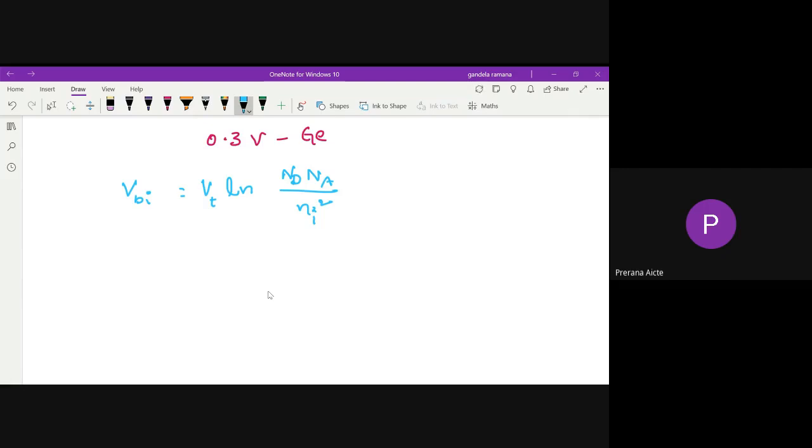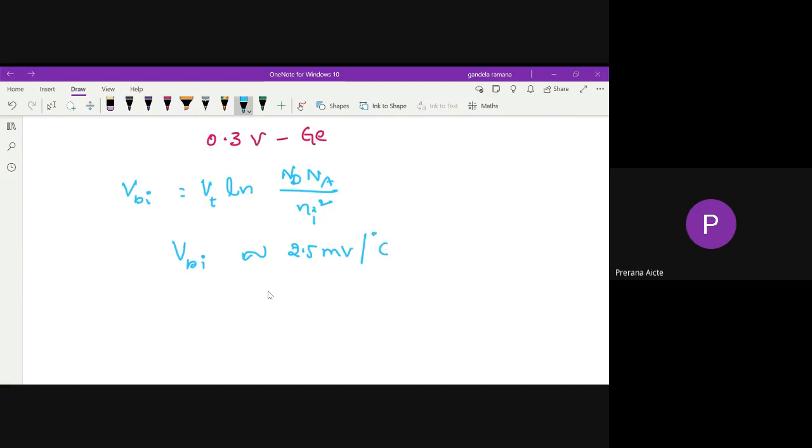This intrinsic concentration is temperature dependent. So this barrier potential depends on temperature. When temperature increases, barrier potential decreases. How much will it decrease? VBI decreases by 2.5 millivolts per degree centigrade.